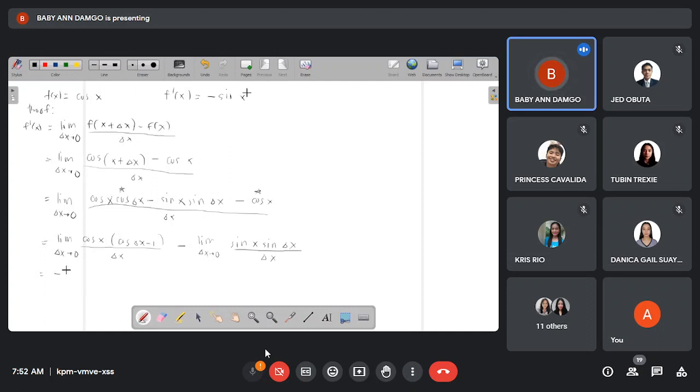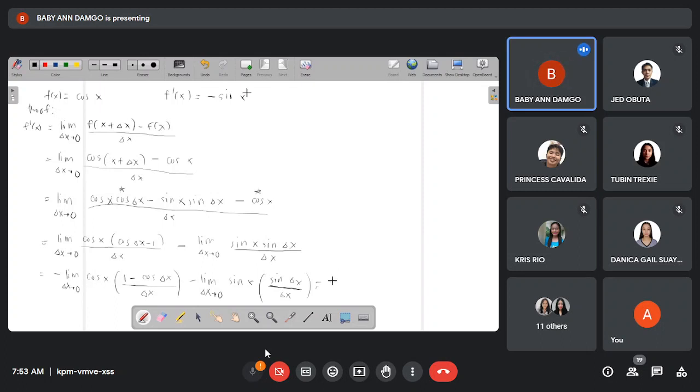So, this is minus the limit of cosine x times 1 minus cosine the change of x all over the change of x as the change of x approaches 0, minus the limit to factor out sine x, so sine x times sine the change of x over the change of x as the change of x approaches 0.